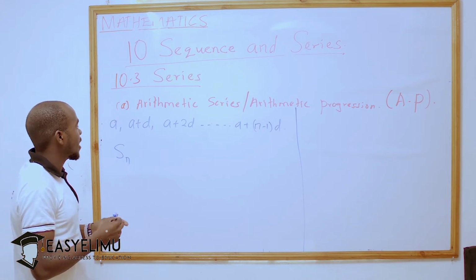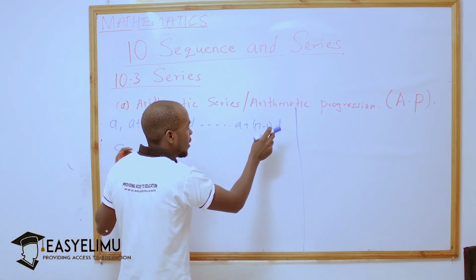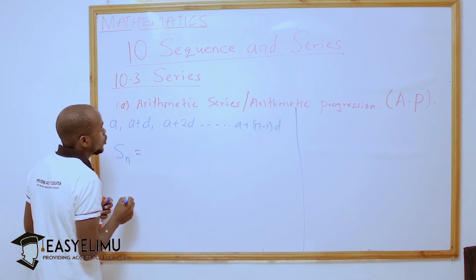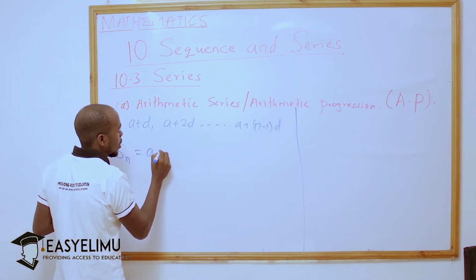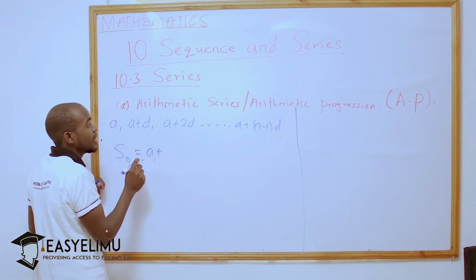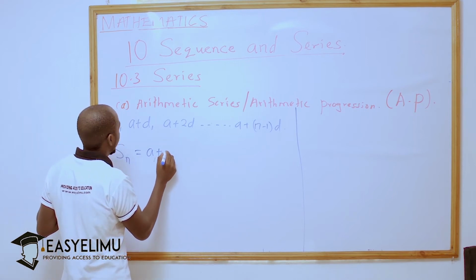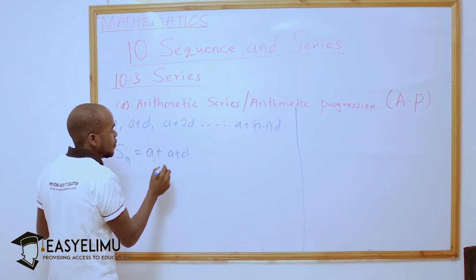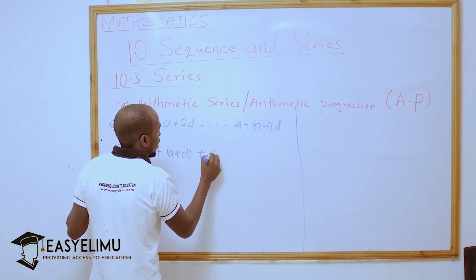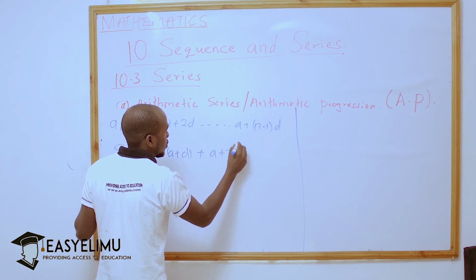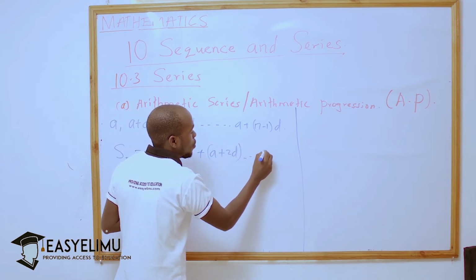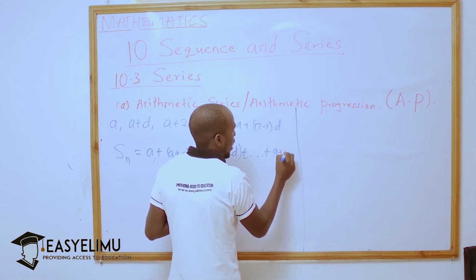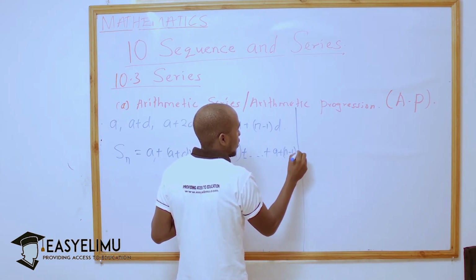We need to find the sum of all these up to the nth term, and you will find Sn is equal to a plus, we want that series, so it will be a plus d, this is the second term, plus a plus 2d, the third term, up to plus a plus n minus 1 d.